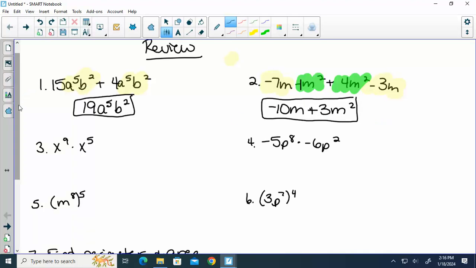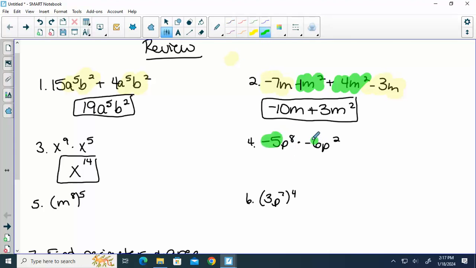Number 3. If we are multiplying like this, what do we do with our exponents? Add. So this would become x to the 14th power. Number 4, if we're multiplying, we multiply the numbers.